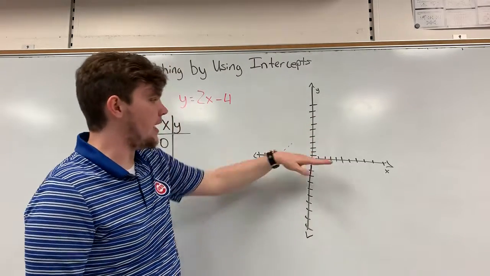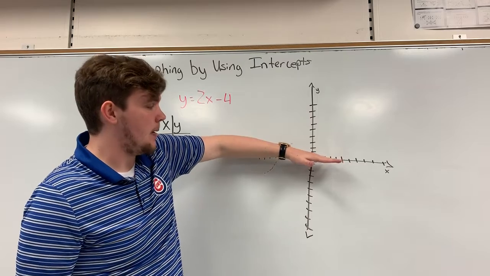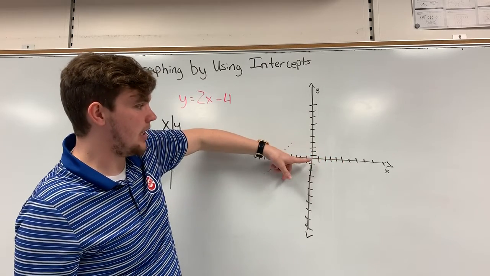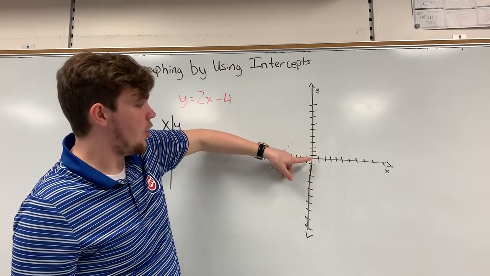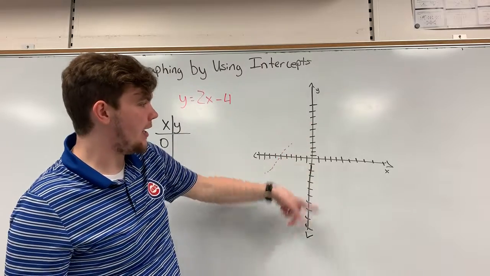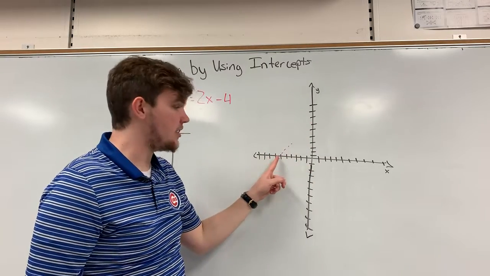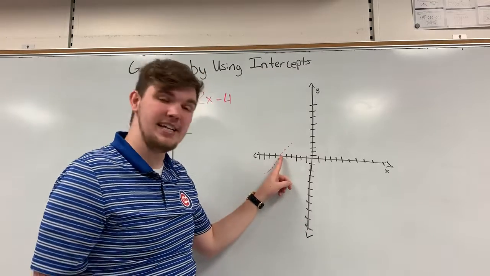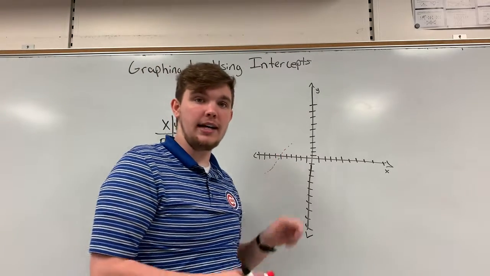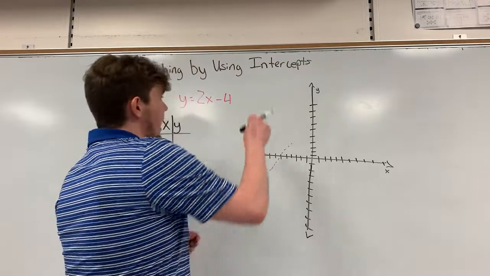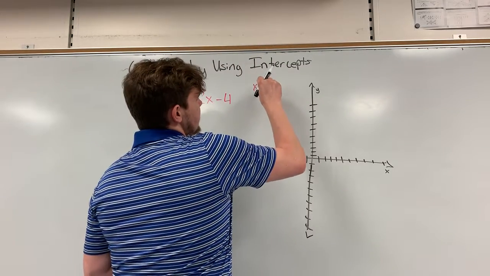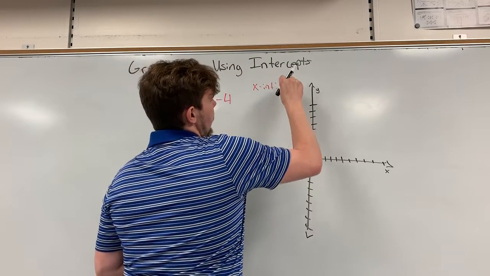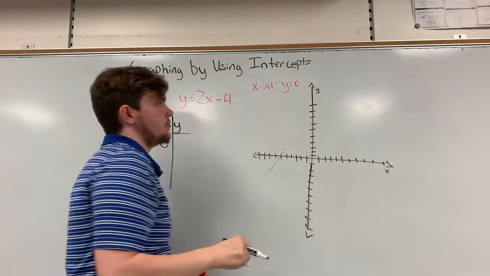It's just right on the x-axis. Since it's right in the middle of the plane, what is the value of y there? Well, it's just 0. So at this x-intercept, my y is 0. An x-intercept means y equals 0.